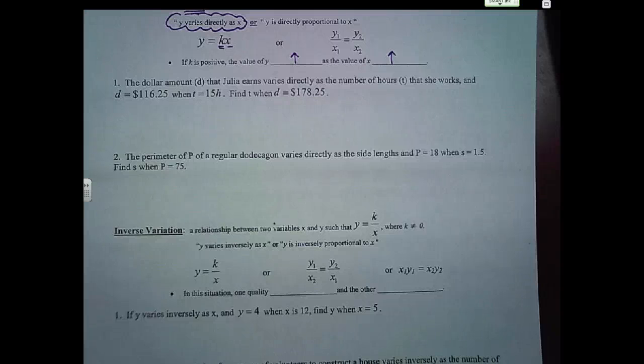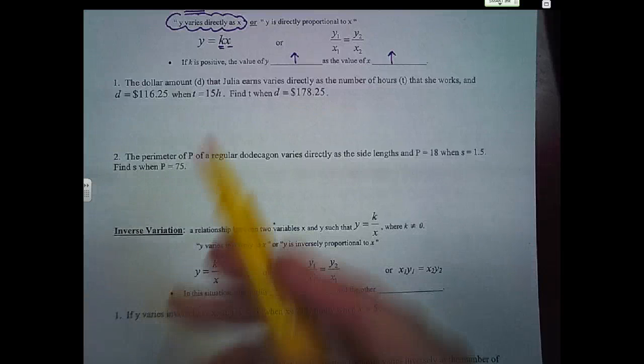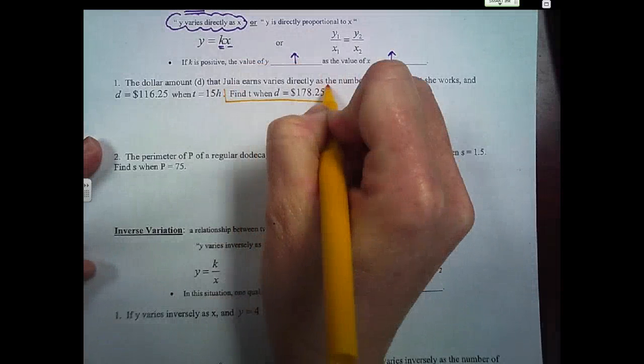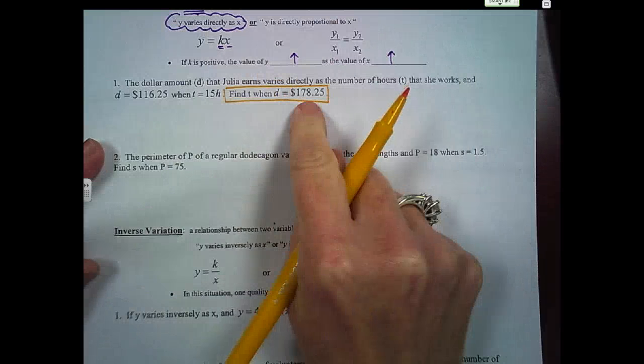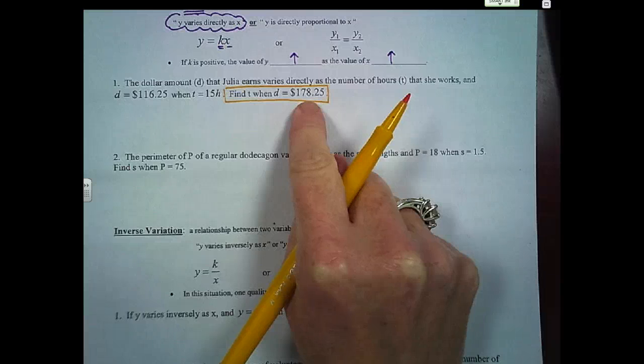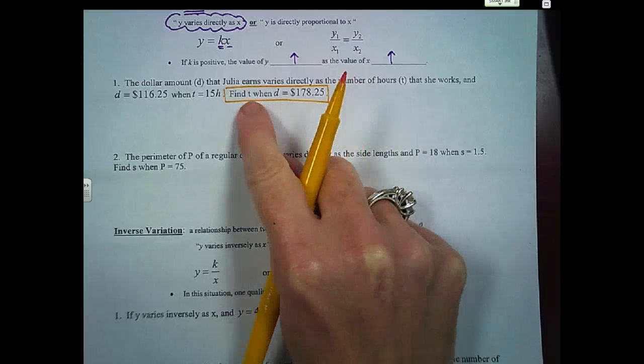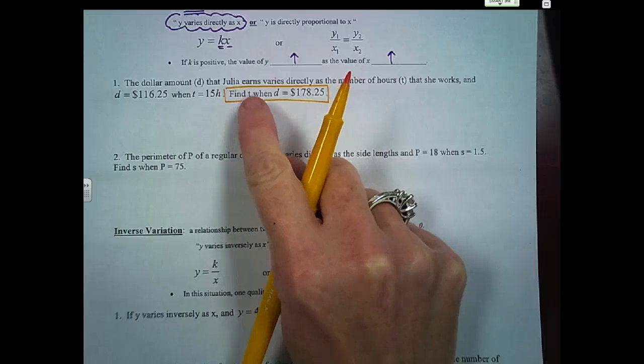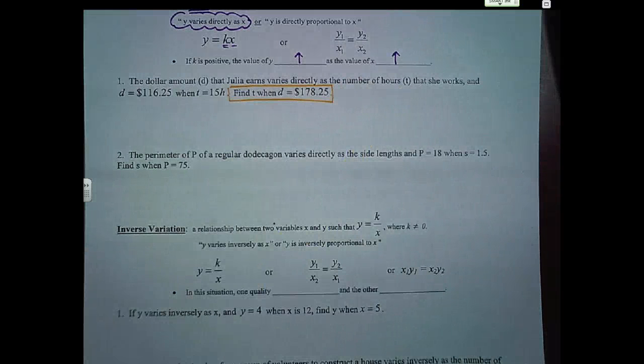I'll give you a second to read number 1. So the actual question is, find the time if how much she makes is $178. So in other words, if I'm going to make $178, how long do I have to work for? That's what it's asking, okay? But before that, it's going to tell you a couple things to help you find the answer, okay?